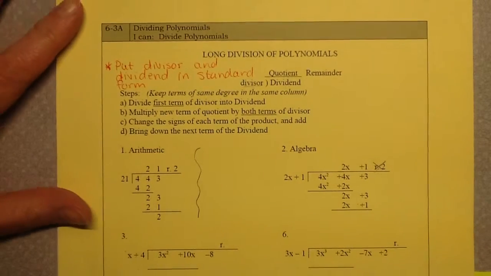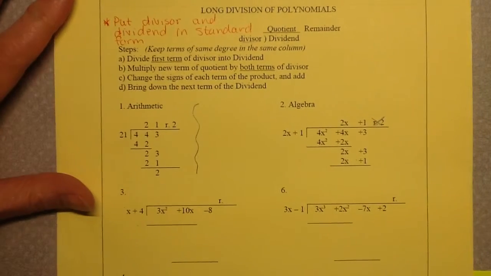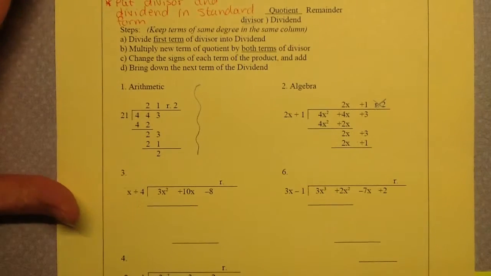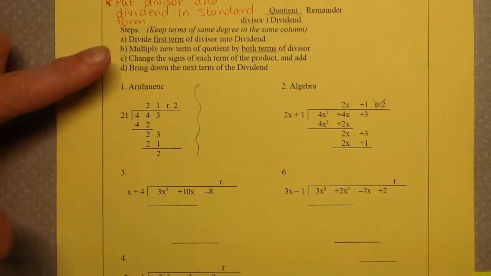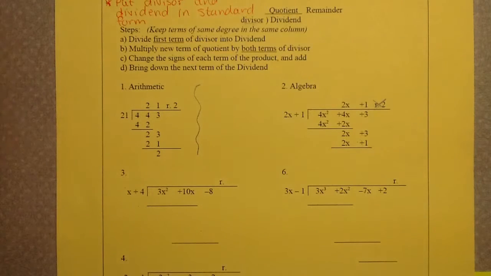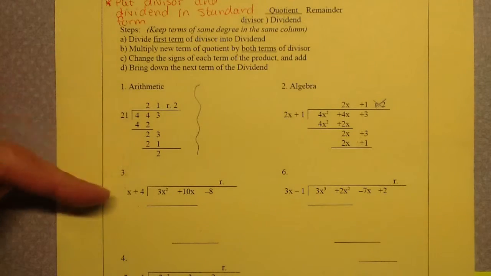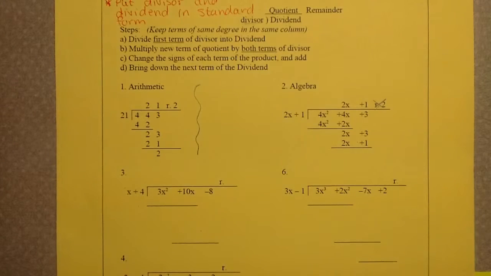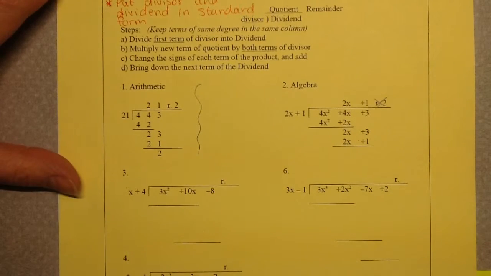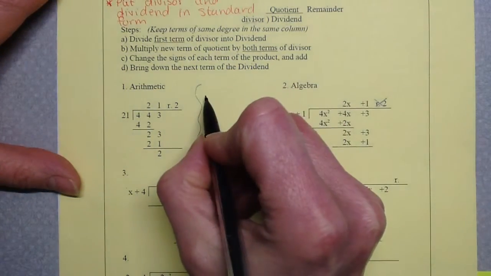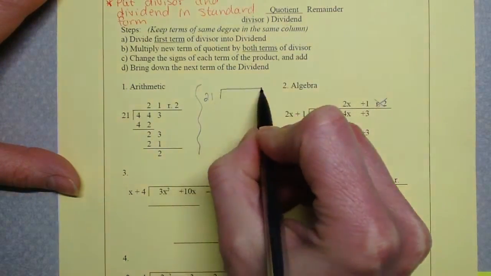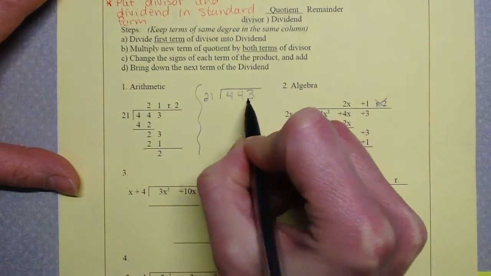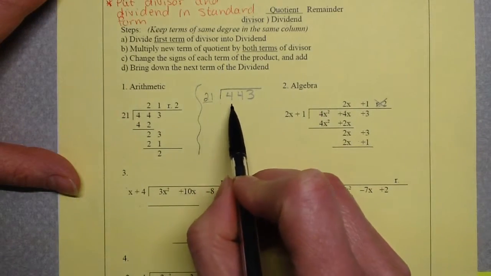Okay, before we divide polynomials, I want to go back over how you would do long division without variables. It's shown right here, but I'm going to redo this problem step by step, just so you can remember the steps of long division. When we take 21 and divide it into 443, we ask how many times does 21 go into 4?